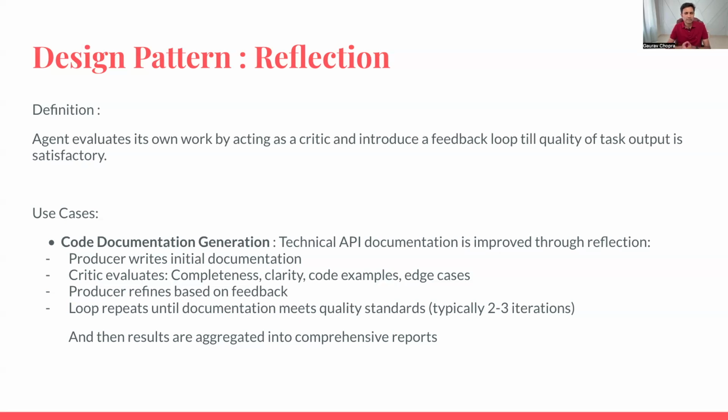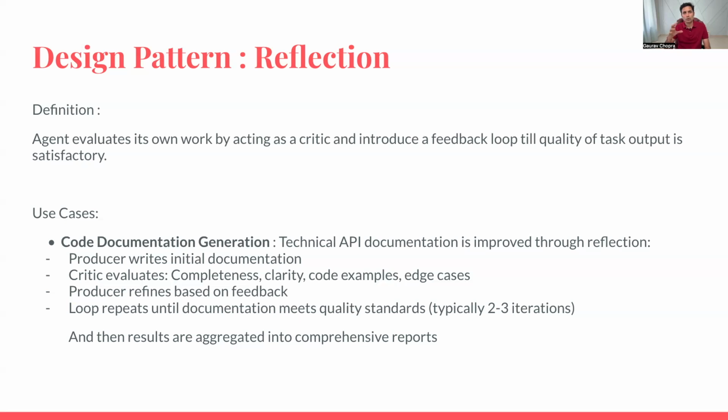Now let's take an example. Let's say there is an agent which is trying to generate code documentation. So given a code, it is trying to document it. Now there will be a first production of the documentation of the code. Second is to critique the documentation, meaning look at the areas where it is lacking. Does it contain the edge cases? Does it contain the error scenarios?